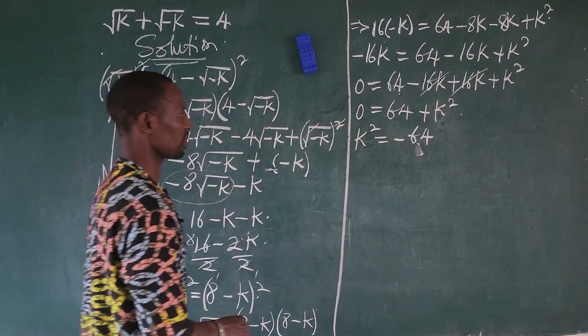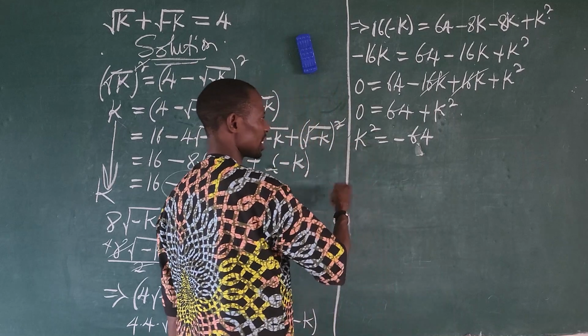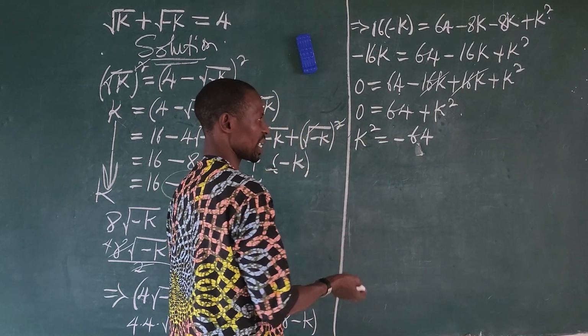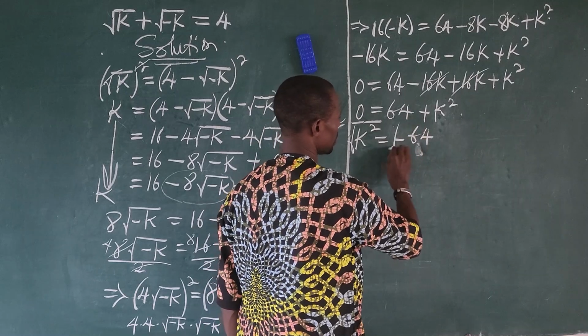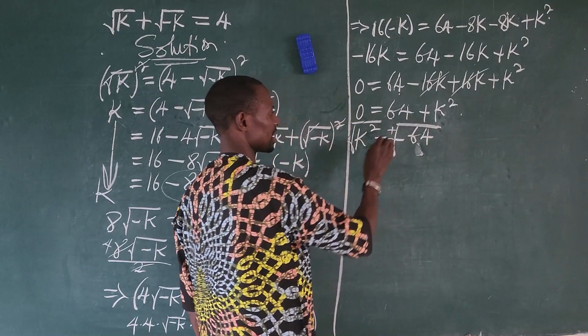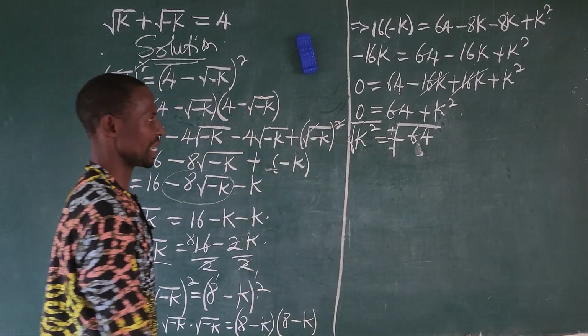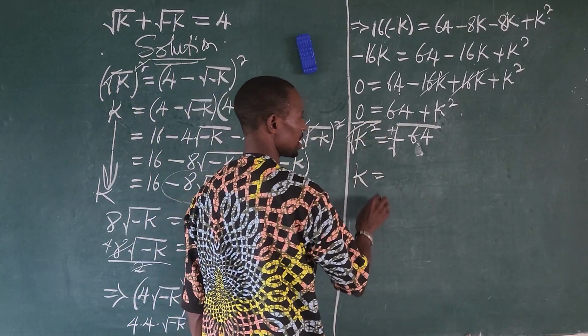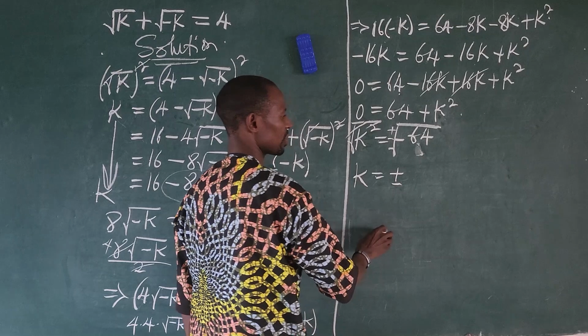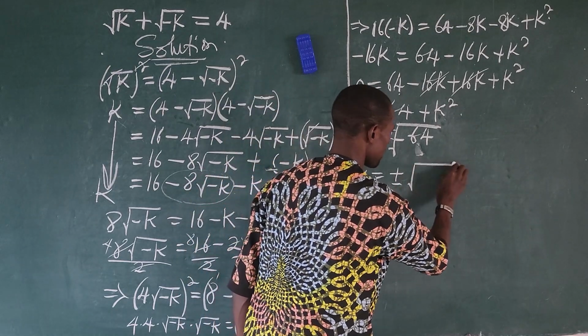So what are we looking for? We are looking for k, right? So we take the square root of both sides of the equation. We take the square root of this side and we take the square root of this side. And at that point, we introduce our plus minus. So we have k, because this leaves the system, equal to plus minus the square root of minus 64.